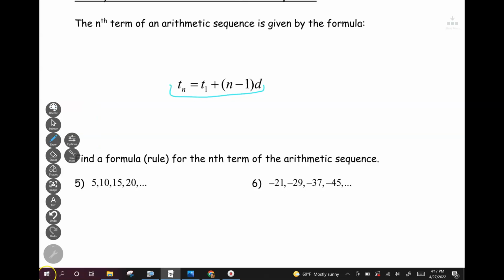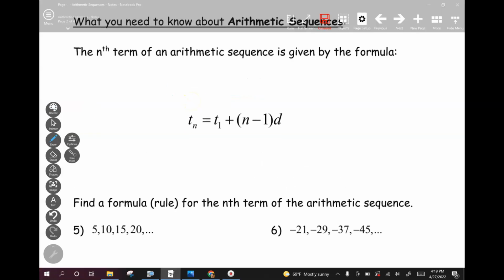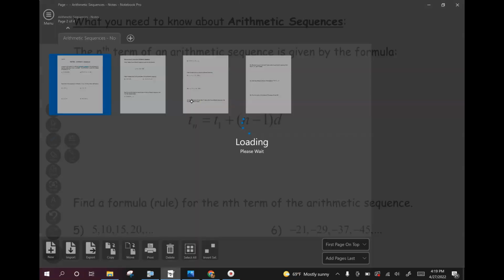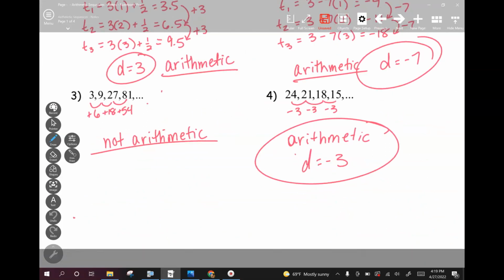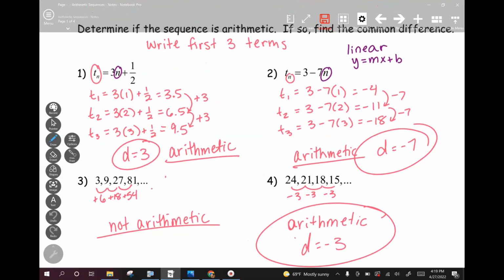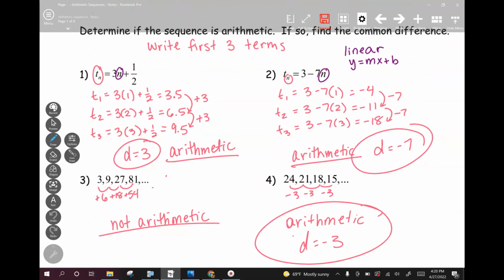Oh, one more thing I wanted to show you, going back to the first page. Notice that both of these on numbers 1 and 2 were arithmetic. Notice that they're both actually linear equations.